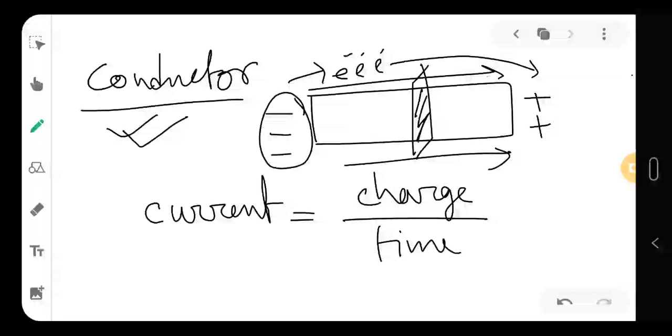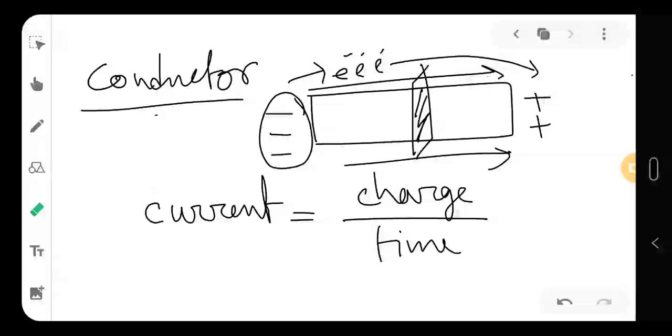If I have a big, broad wire with more cross section, obviously there will be more charges, and as a result the current will be higher. If we have a thin wire, the current will be less. A broad wire can handle a lot of current. But other factors are there.